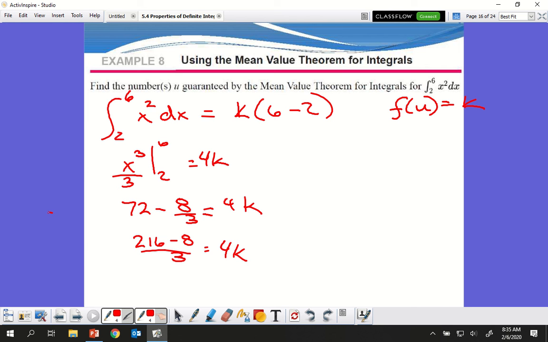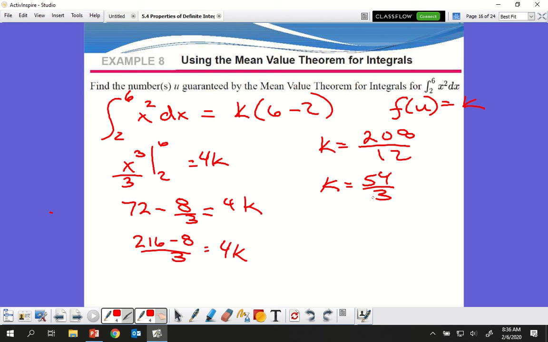So k is equal to 208 over 12, which I know I could reduce, so it should be 104 over 6, which is 54 over 3. k equals 54 over 3. Now f of u equals k, right?